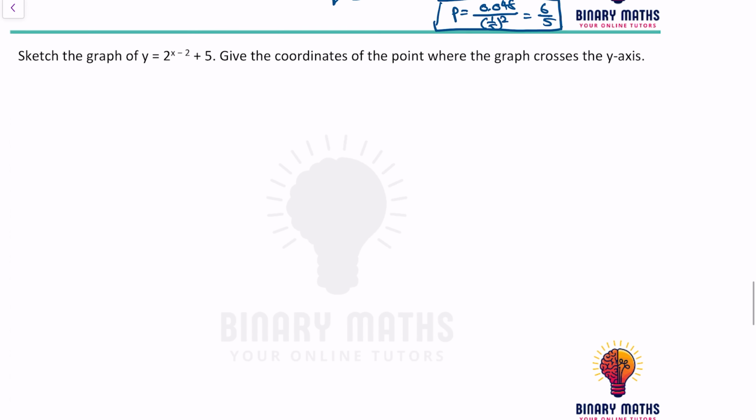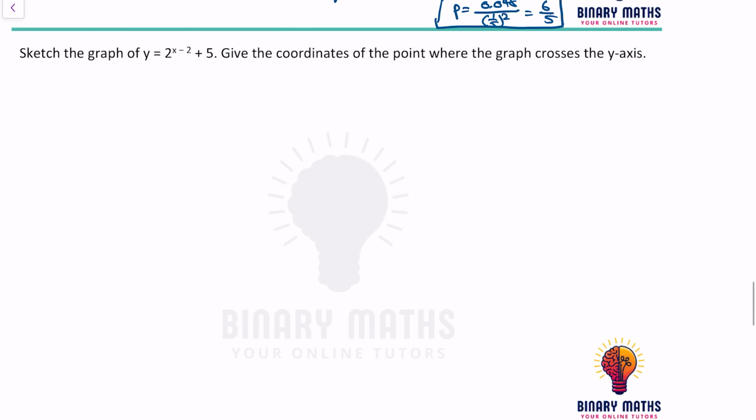Okay, next question. Sketch the graph of y = 2^(x-2) + 5. Give the coordinates of the points where the graph crosses the axes.